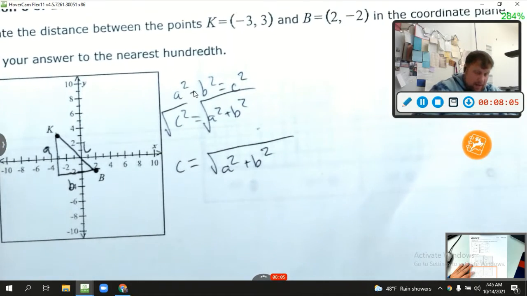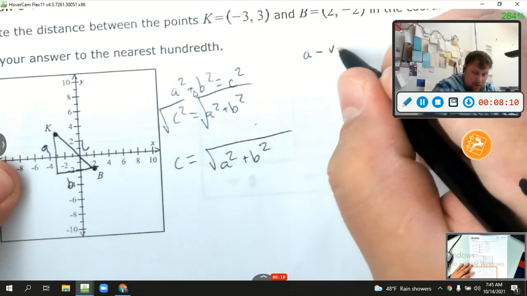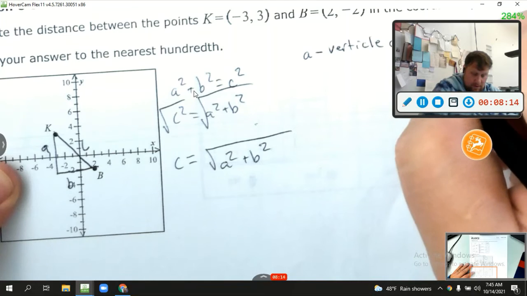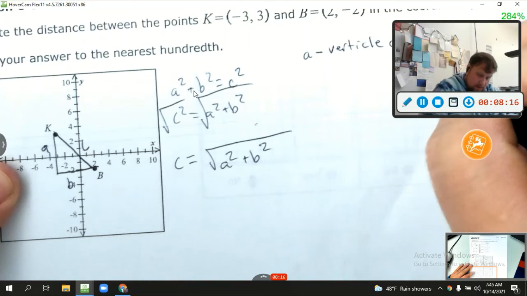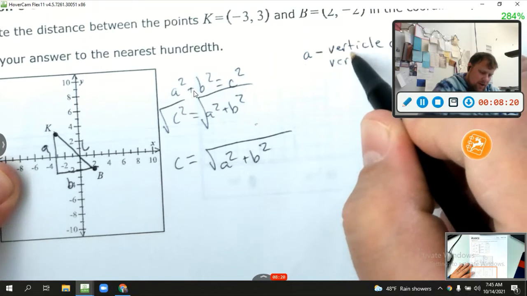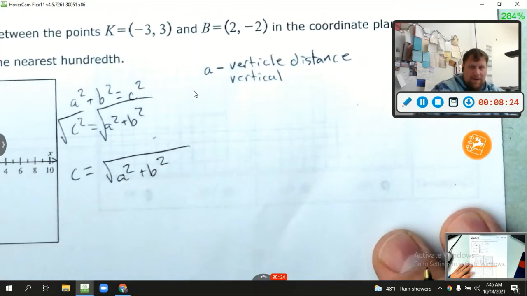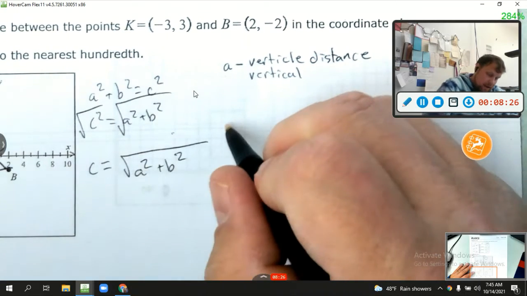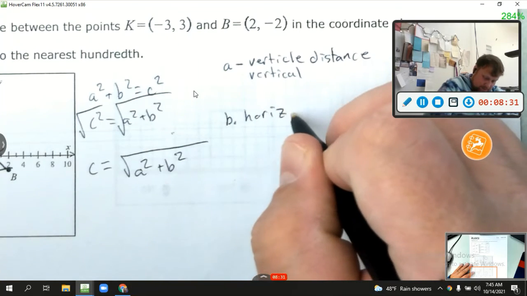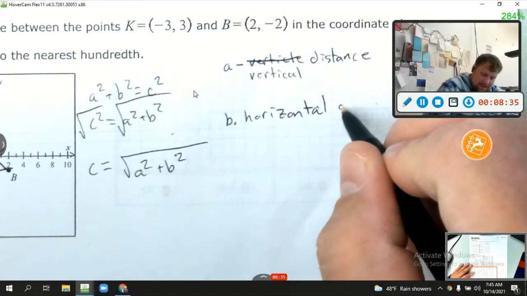And that is where A, in this case, is the vertical distance. I feel like I spelled vertical wrong. Yeah, I'm sorry, I'm not the best ever at that stuff. And B is the horizontal distance.